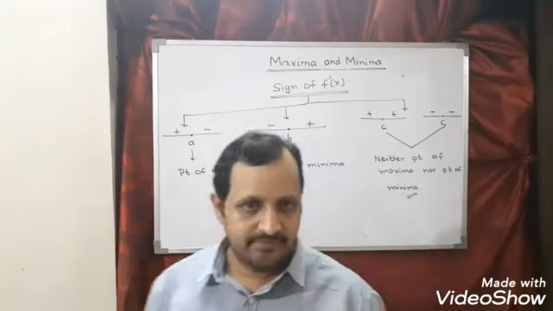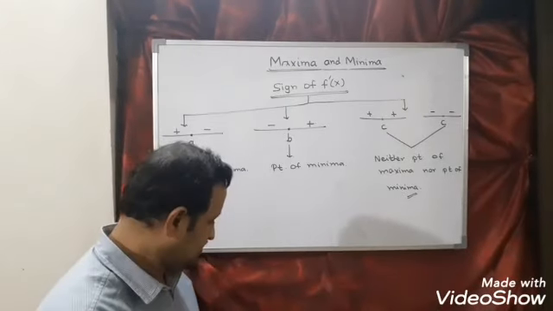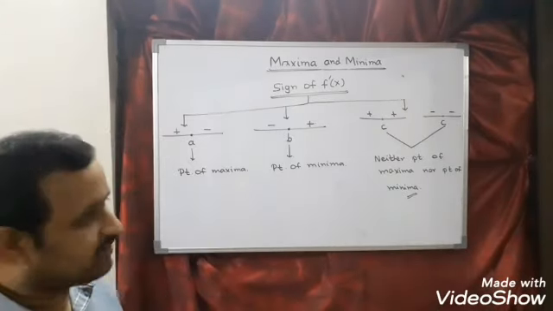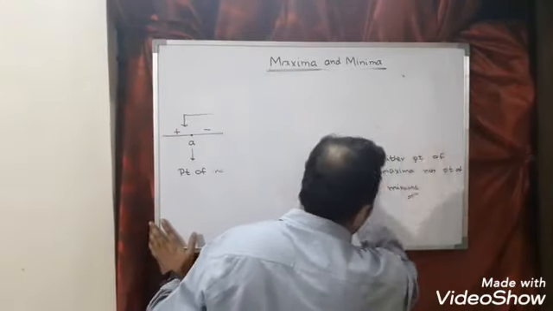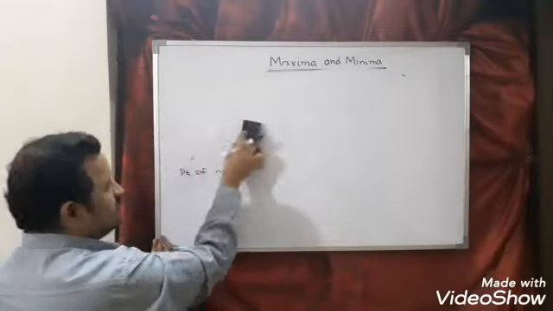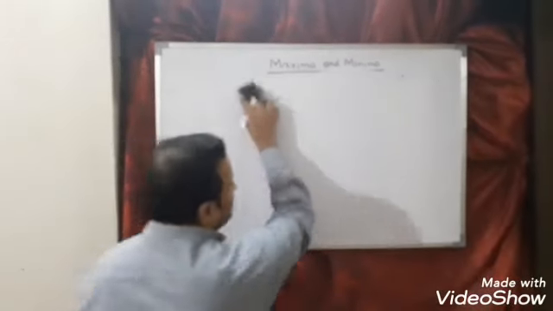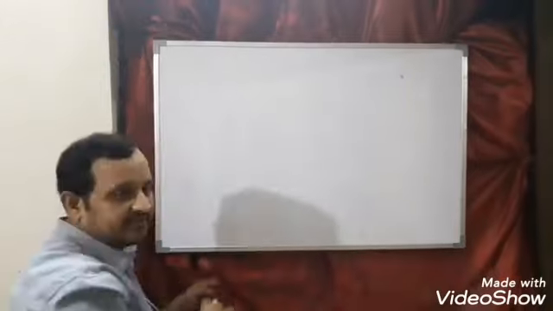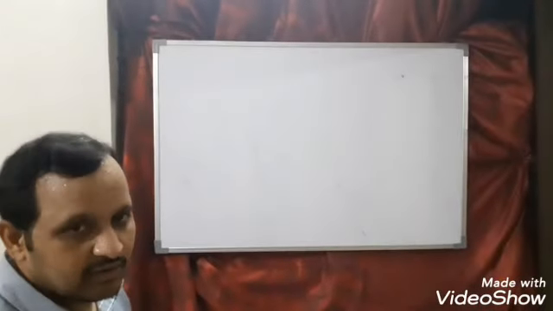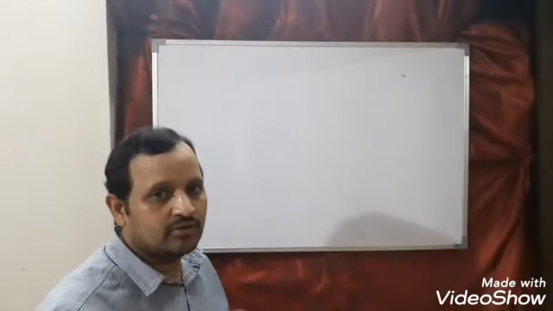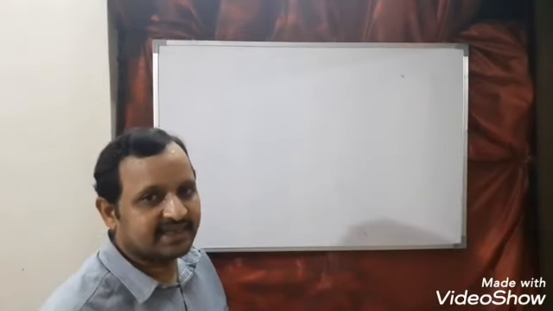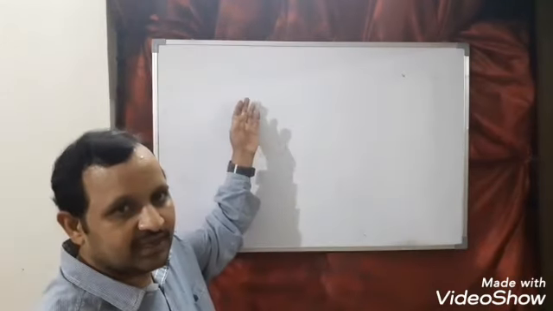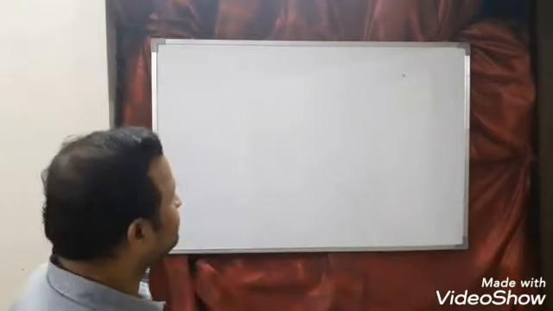Hope it is clear. So the next point in maxima and minima is very, very important: the working rule. And the working rule I already told you in increasing and decreasing functions. So I will write all the steps of the working rule that I told you in increasing and decreasing, and I have given some examples there. So just refer to the working rule of increasing and decreasing. It is the same for maxima and minima.